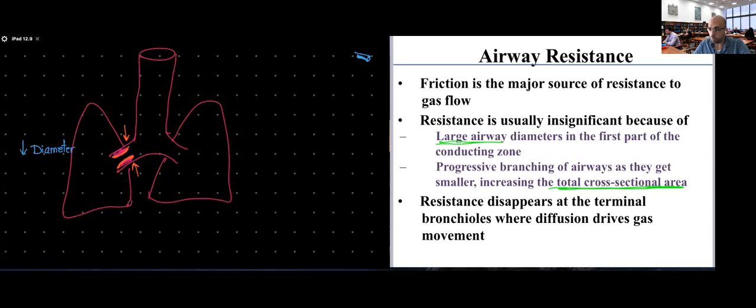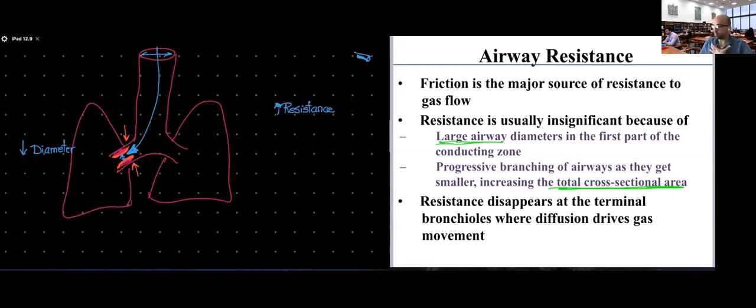And when I reduce the diameter, what's gonna be my problem here? So the air now is gonna be traveling from a large cross-sectional area into a small cross-sectional area. And if I'm passing through a smaller cross-sectional area, what's gonna be the effect? I am faced with a lot of resistance. Very, very high resistance that I need to overcome.